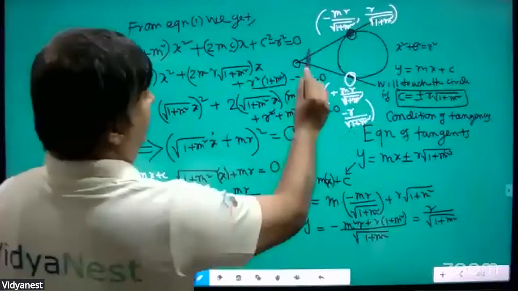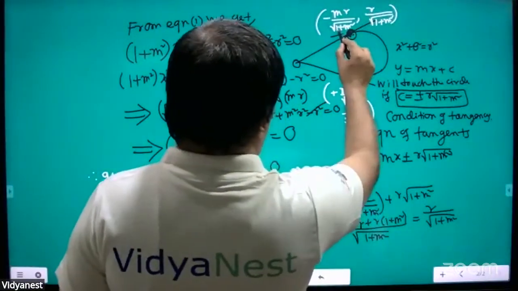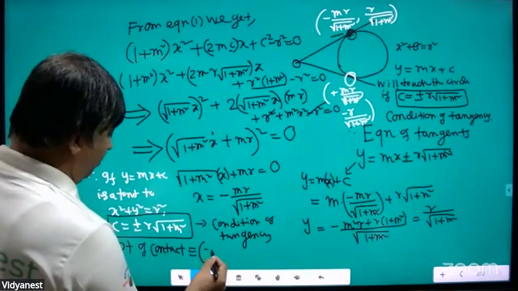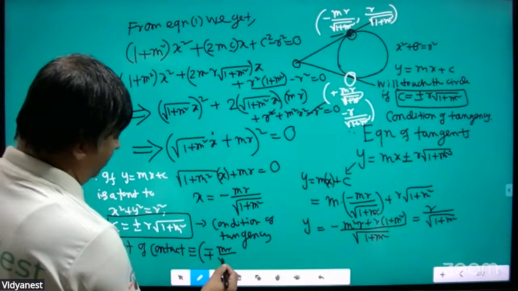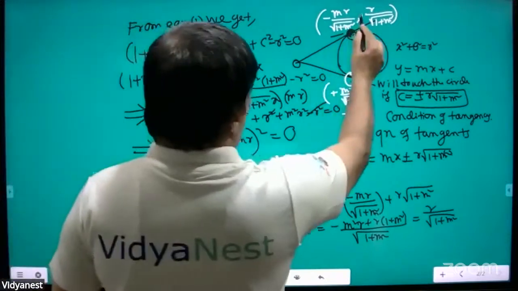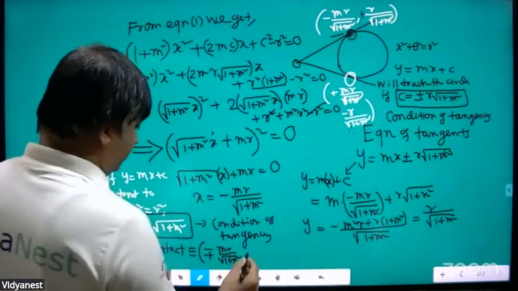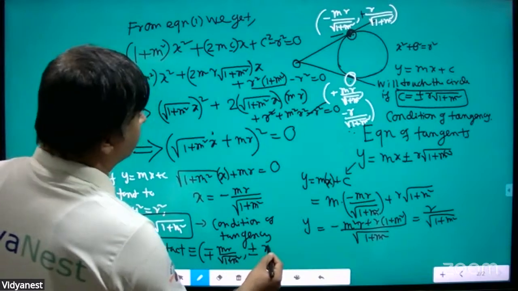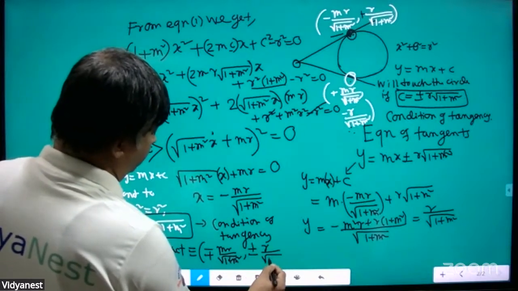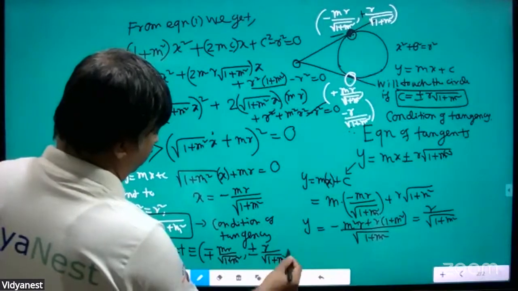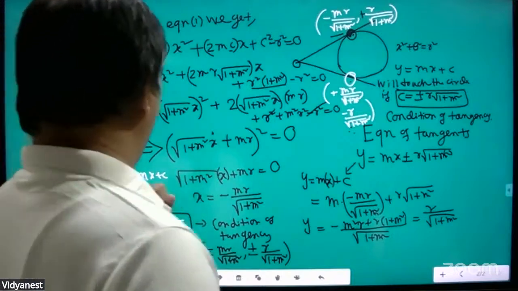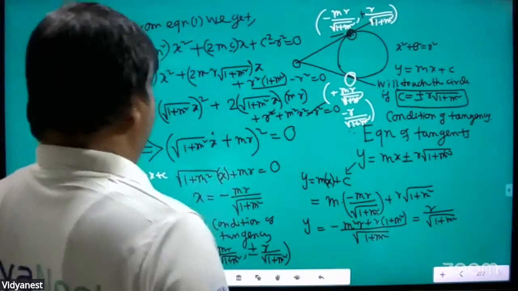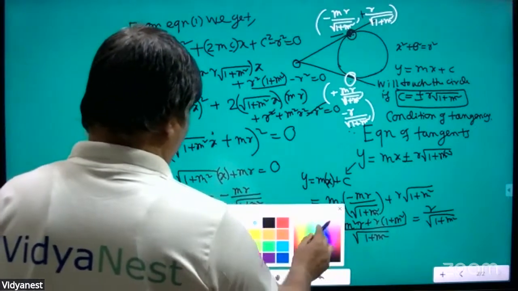What we got: the x component is the same, but one will be plus and one will be minus. Minus plus mr by root 1 plus m square, and this plus minus. So this is the condition of tangency and this is the point of contact. We have to keep this in our mind.